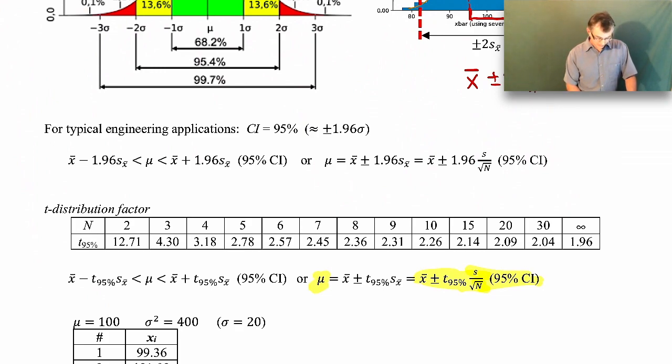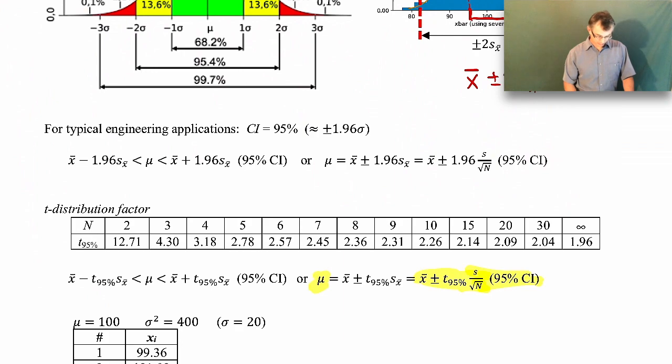So if I had 5 measurements, I would then use a t-factor of 2.78. Rather than using the 1.96, since I have such a small number of measurements, I should increase my range within which the true mean lies by a little bit according to this t-factor. So I should use 2.78 rather than 1.96 here.